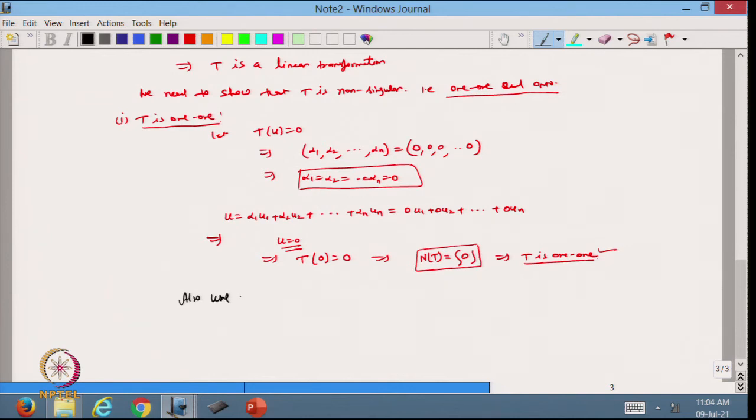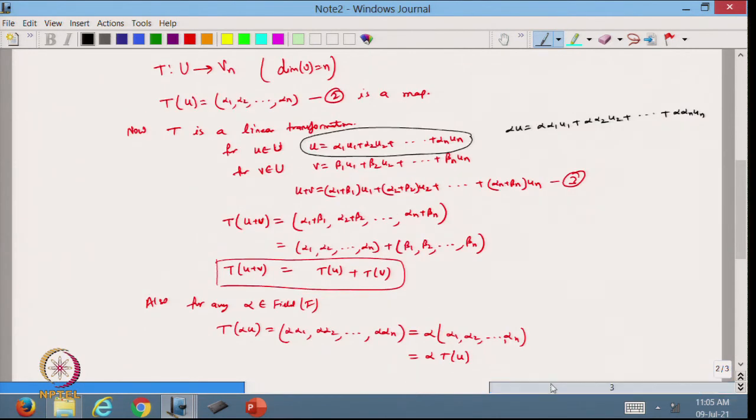Also, using the rank nullity theorem. So, the rank nullity theorem says that rank of T plus nullity of T will be, in this case, of dimension n.